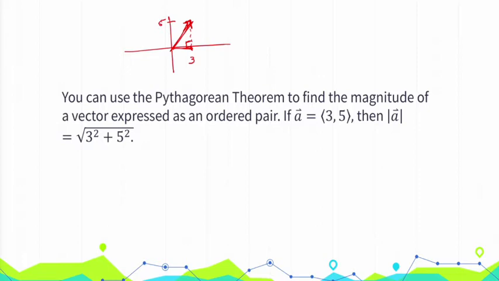So the magnitude of this vector is the square root of 3 squared plus 5 squared, which is the square root of 9 plus 25, which is the square root of 34, which is going to be a little bit less than 6, 5.8. That's the magnitude of the vector. Very easy.